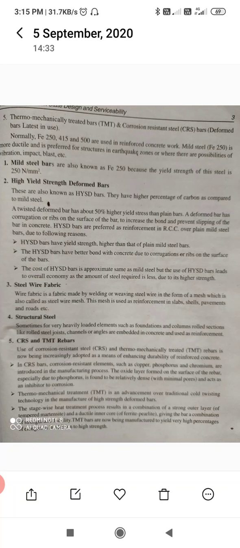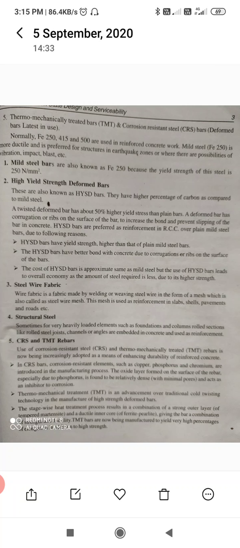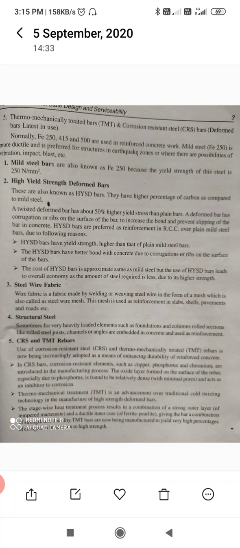Sometimes for very heavily loaded elements such as foundations and columns, rolled sections like rolled steel joists or channels or angles are embedded in concrete and used as reinforcement. The fifth one is CRS and TMT bars, the recently used types of bars.